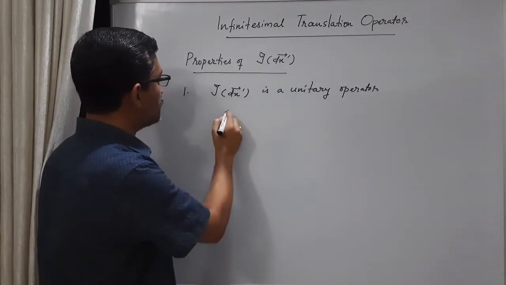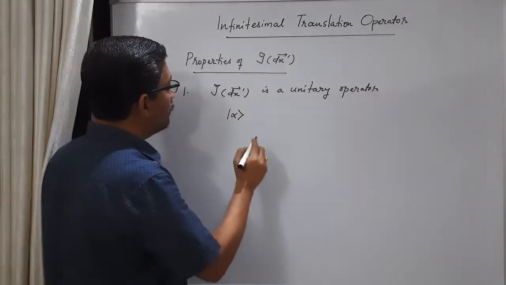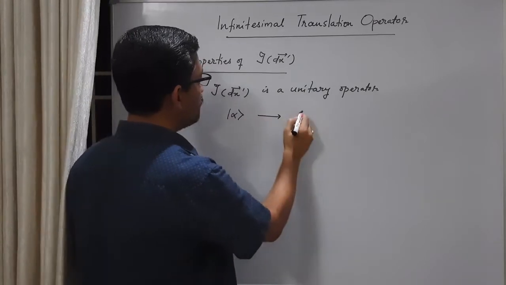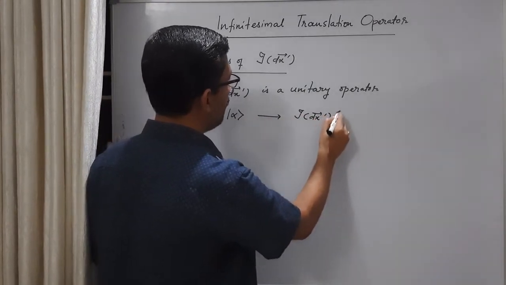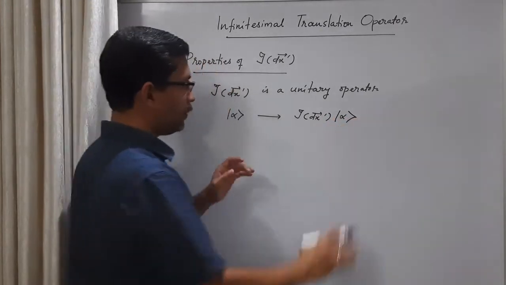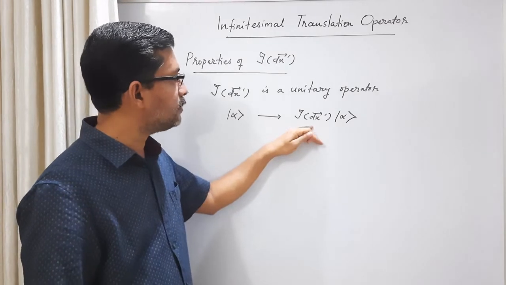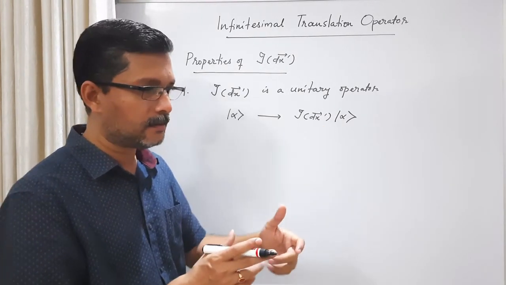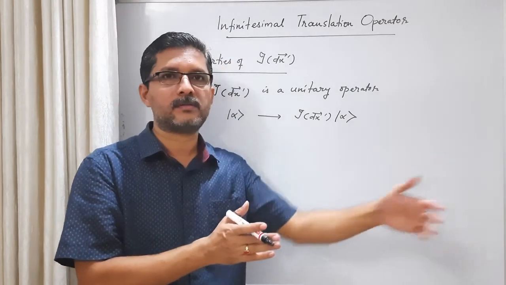Consider a vector alpha, a general ket. After the infinitesimal translation operator acts on it, it becomes J(dx prime) acting on ket alpha. You get a new vector. So what is the action of this infinitesimal translation operator? It changes the base kets by x prime plus dx prime.